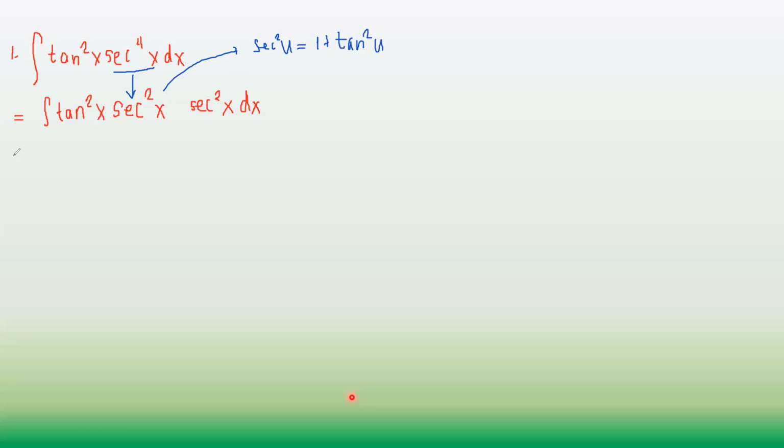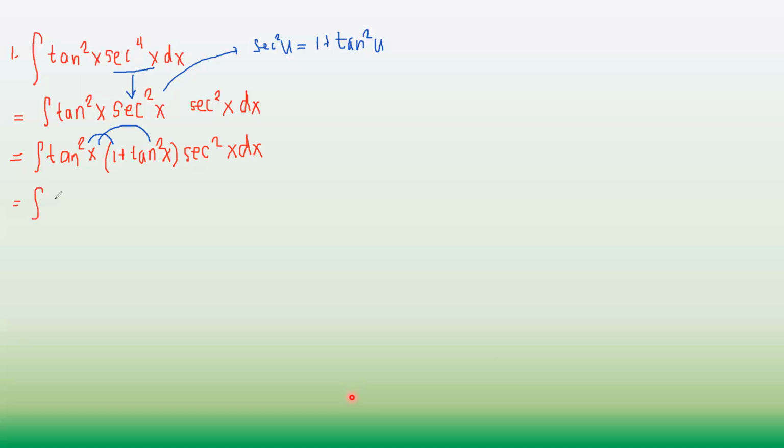Okay, and we will have the integral of tangent squared x times, replacing secant squared by 1 plus tangent squared, so 1 plus tangent squared, times the one we set aside, secant squared x dx. Now, multiply the tangent squared by the quantity before we separate. So tangent squared x times 1, and tangent squared x times tangent squared x.